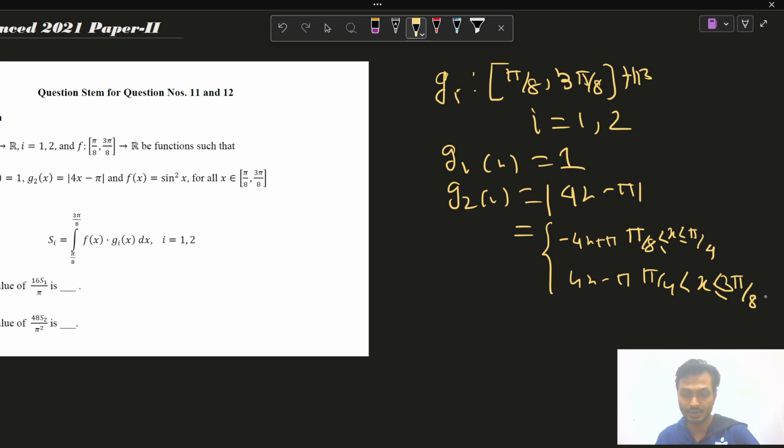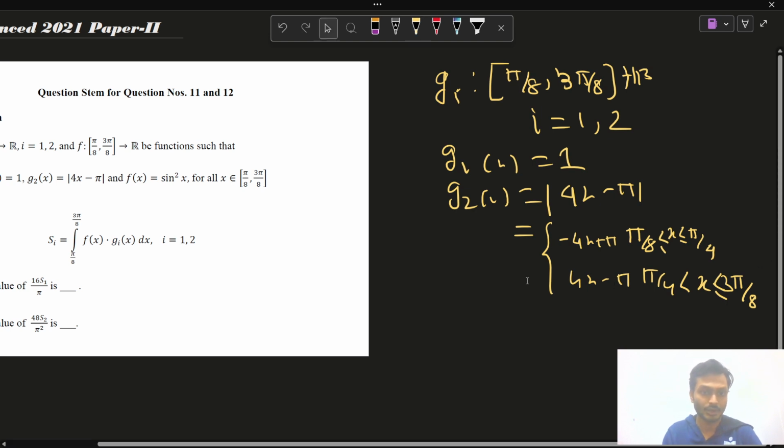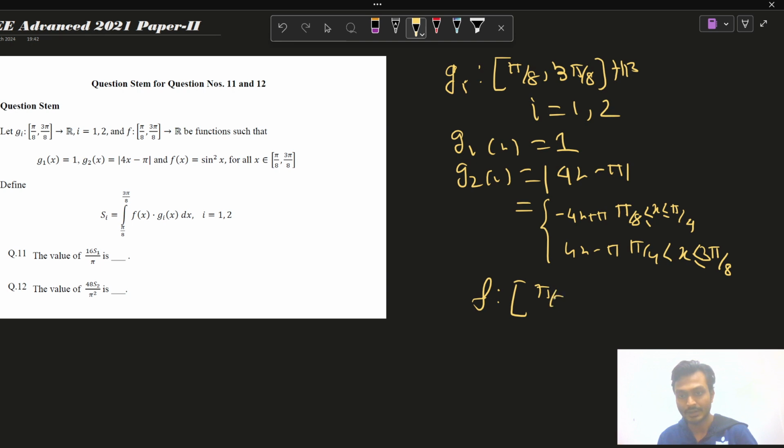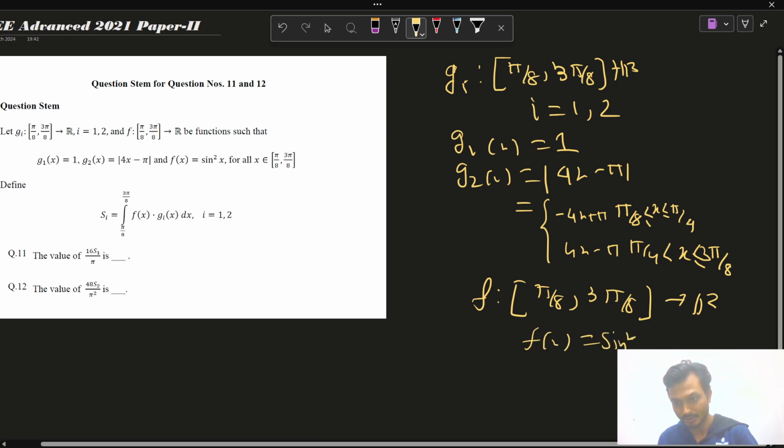This is our function g2. Also given that f(x) is a function from [pi by 8, 3 pi by 8] to R, given by f(x) equals sine square x.